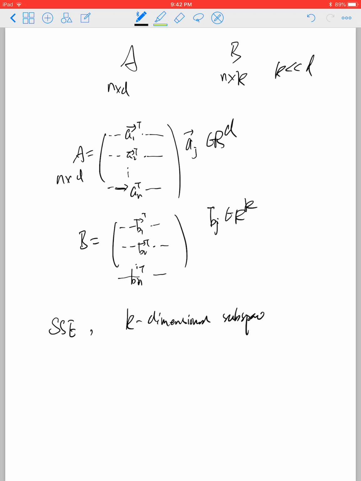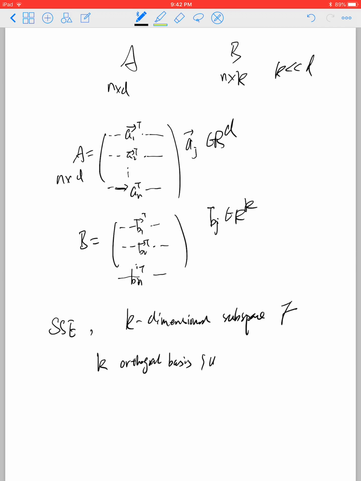So suppose we have an n by d matrix A. Now I want to find an n by k matrix, where k is smaller than d. That means I want to use a low dimensional matrix to approximate the original high dimensional matrix. Each row of A can be considered as a vector in the d-dimensional space.